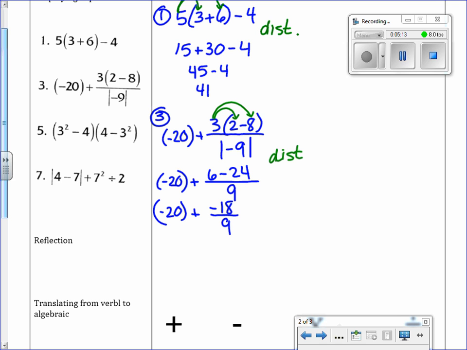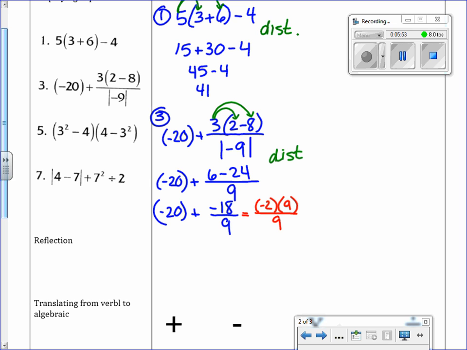I'm going to rewrite negative 18 as negative 2 times 9, and I'm going to put that all over 9. I haven't done anything. If you multiply negative 2 times 9, you'll go back and have that 18. I'm just doing this for the sake of identifying another property that we actually use when we're solving this, because I want to do my division before I go back and add.